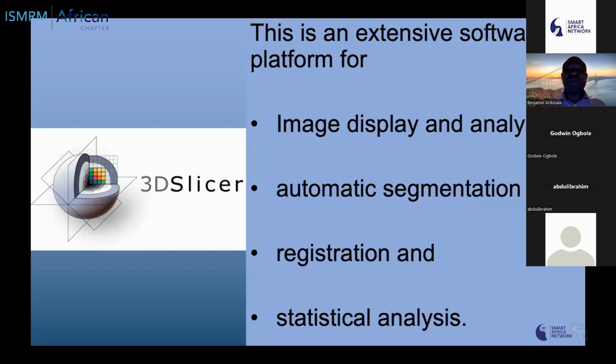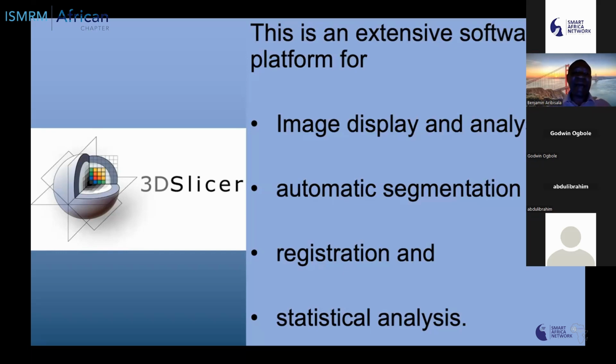Time will fail us to go into details about what kind of registration, but all the tools allow you to do registration for 3D images, and you can even do it for 2D in some cases. It allows you to do statistical analysis as well. That is 3D Slicer. It's very, very good.